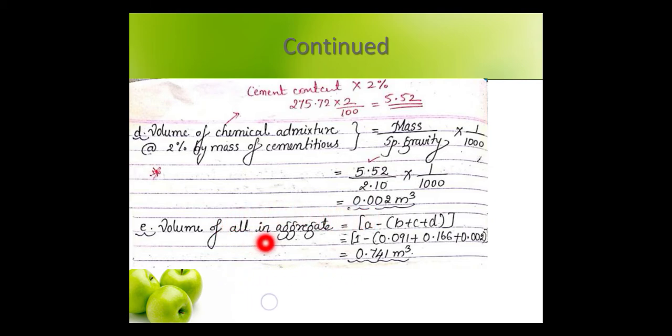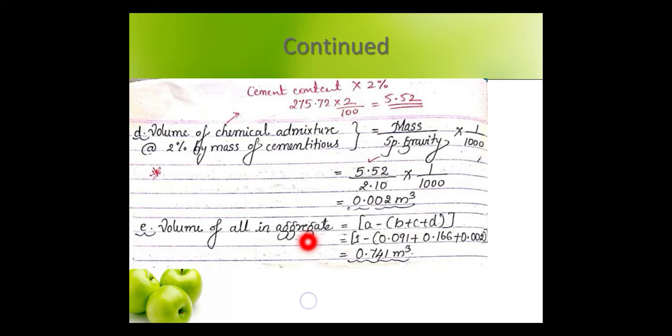Next, volume of all in aggregate. Now we have already calculated cement volume, water volume, volume of chemical admixtures. Now we need to calculate volume of coarse aggregate and fine aggregate. So already we have found out coarse aggregate and fine aggregate, volume of all in aggregate.